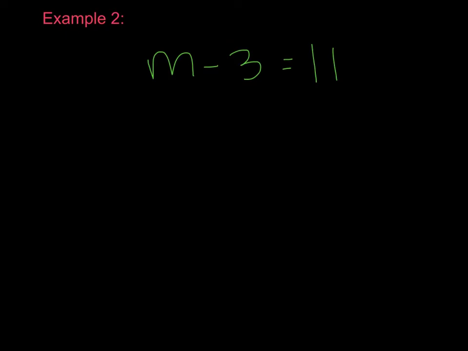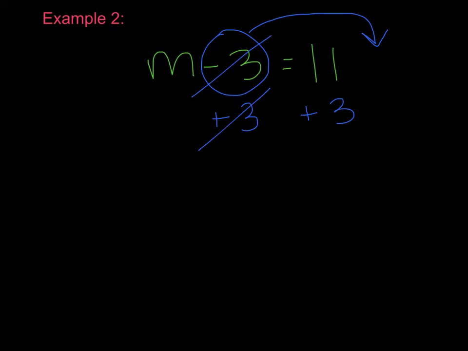Example 2 shows where we have a subtraction operation. m take away 3 is 11. So what minus 3 is going to give you 11? Well, again, our goal is to isolate our variable. So we want to get this on the other side. If it's negative 3, you can add 3 to both sides, and negative 3 plus 3 equals 0.